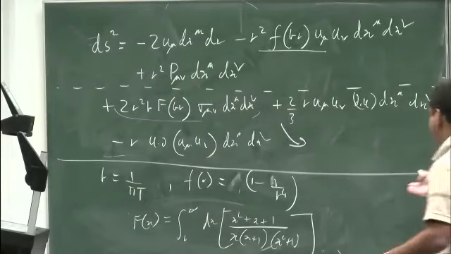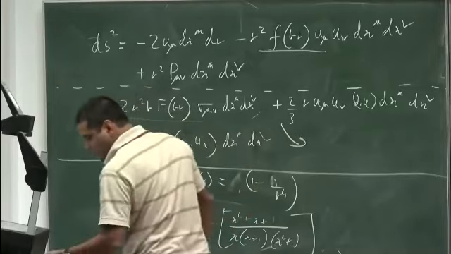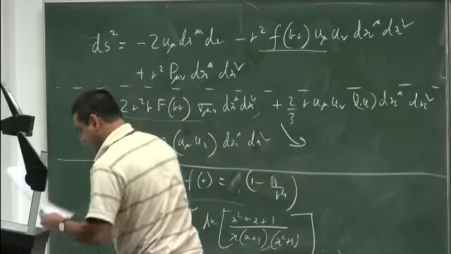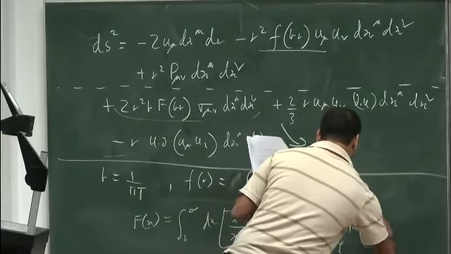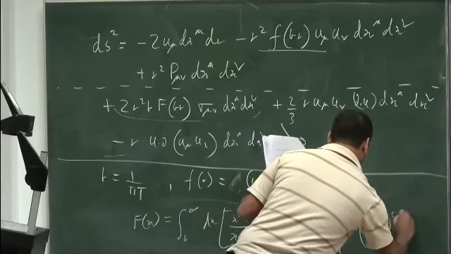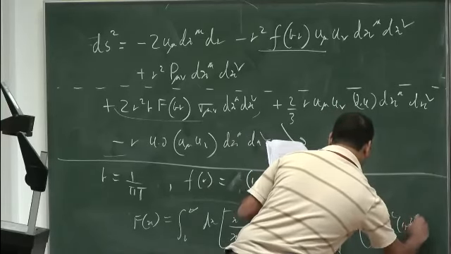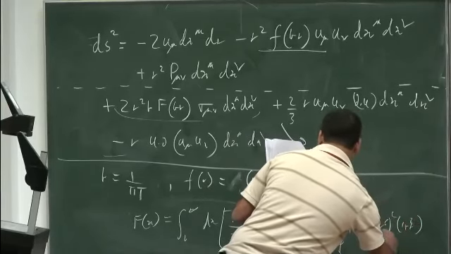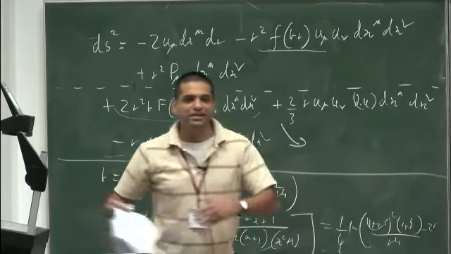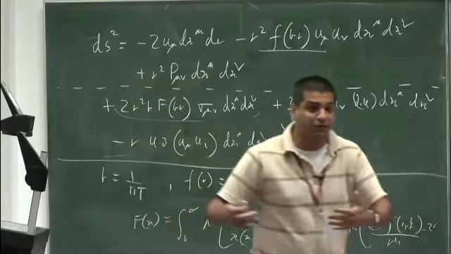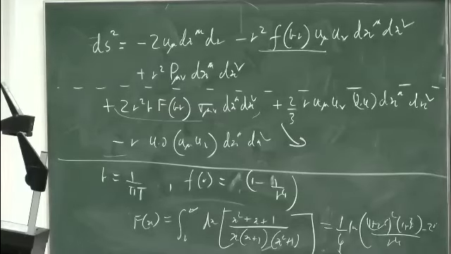Okay, and these functions are even more complicated functions. This integral is not difficult to do. You can evaluate it. It's 1 by 4 log of 1 plus r squared into 1 plus r squared by r to the 4 minus 2 arctan something. You see, if you took it and expanded in a power series in 1 over r, you get all powers. So what we're doing is not the same as a Graham-Fefferman expansion.